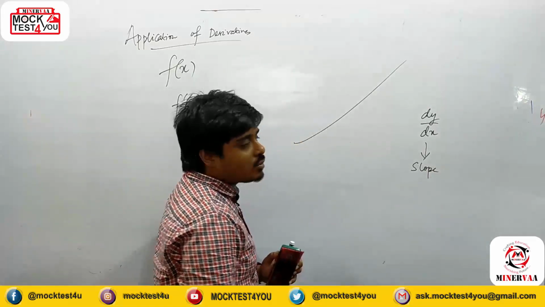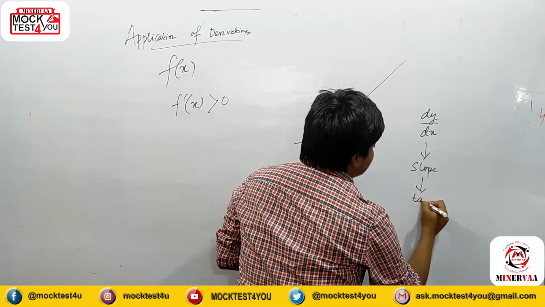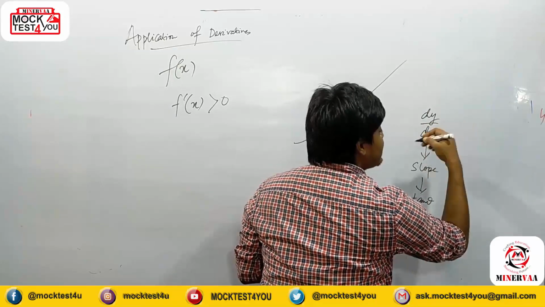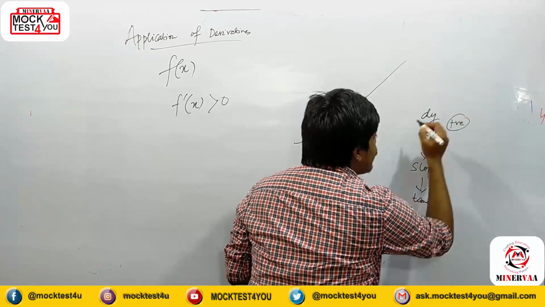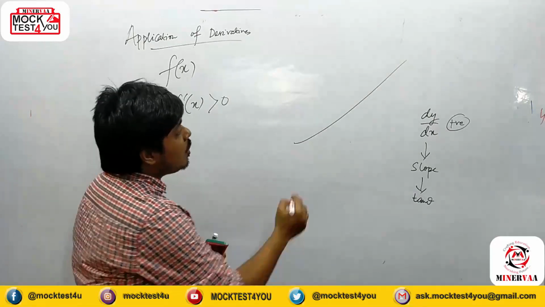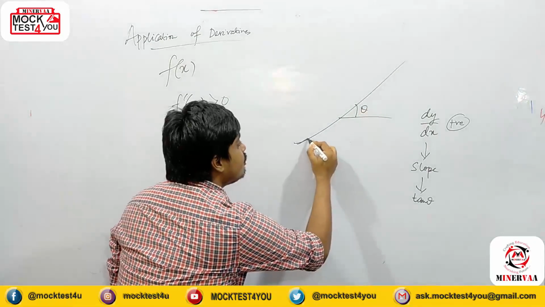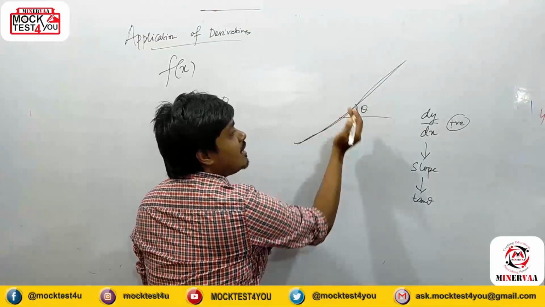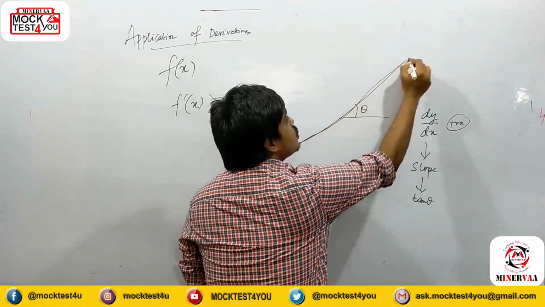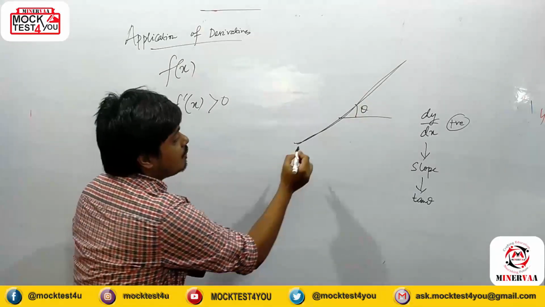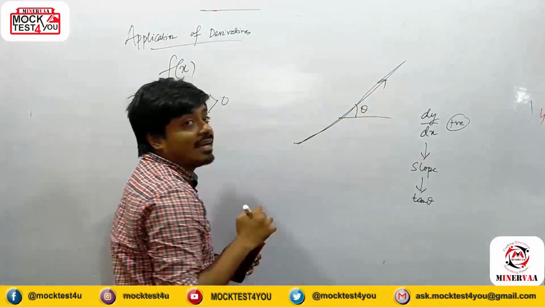And slope means what? Tan theta. So if dy/dx is greater than 0, or if this one is positive, this one is theta, right? So you see the function is increasing, positive slope. So what do we have? Increasing function. The function is going from here to here, increasing.